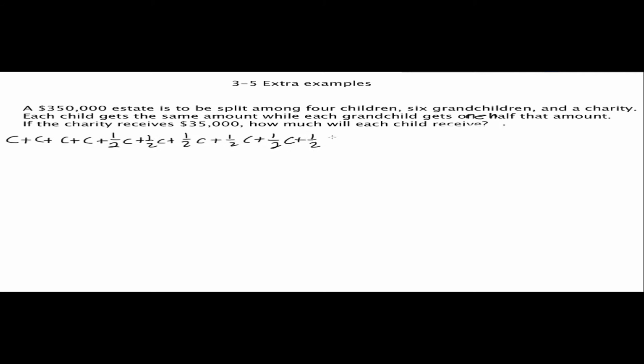Did I get them all? 1, 2, 3, 4, 5, 6. And then the charity received $35,000, so that's just a flat amount. And the entire amount being divvied up was $350,000.